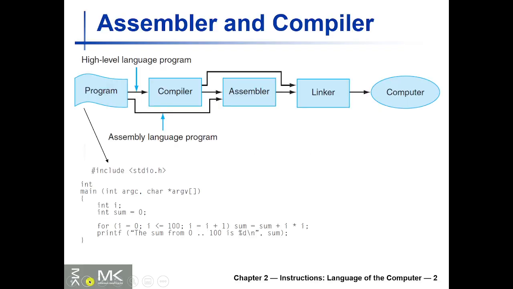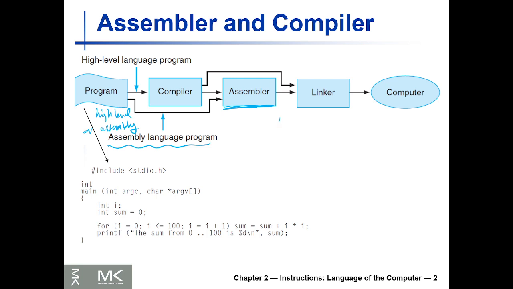So you have a program, written in C or a high level language basically, or in assembly. If it was written in assembly, then it will be fed to an assembler, and this assembler will convert this into binary code because the computer doesn't understand English.